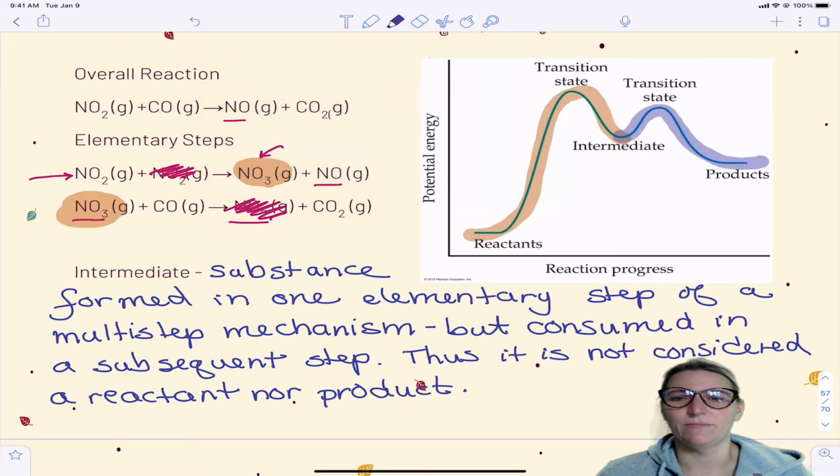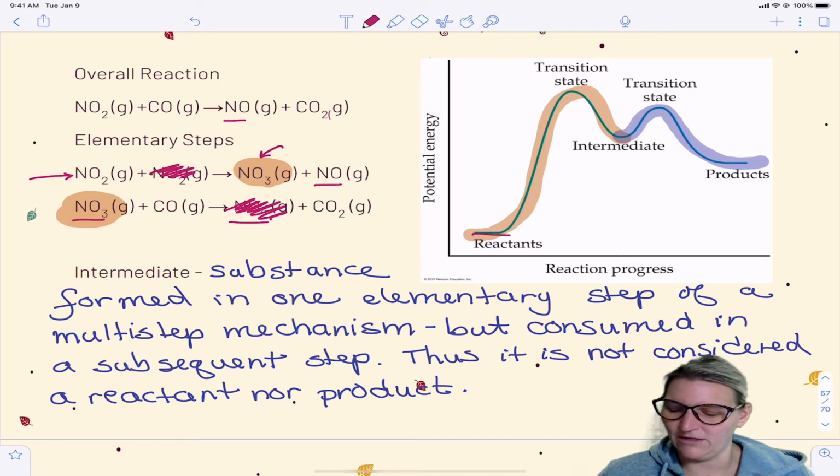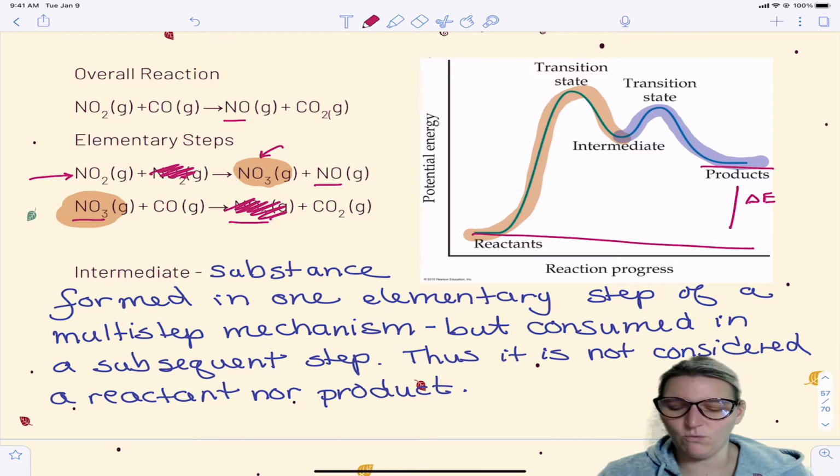And so each one of these has its own activation energy. The delta E, the change of the reaction, is still just the difference between the reactants and the product. So if we were looking at what is the change in energy of this reaction, we don't worry about the transition states or the intermediates. It's always just products minus reactants.